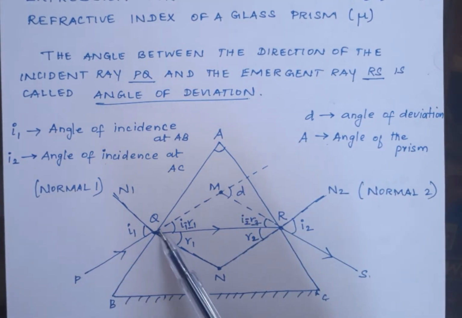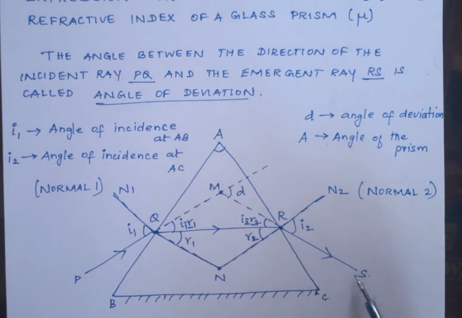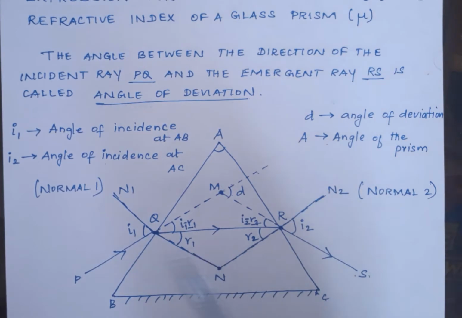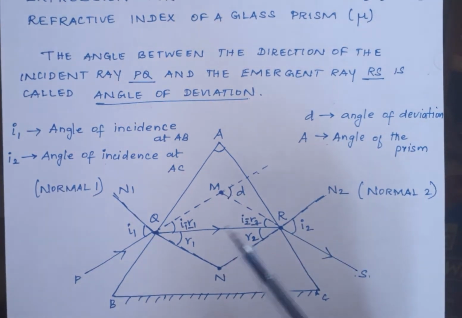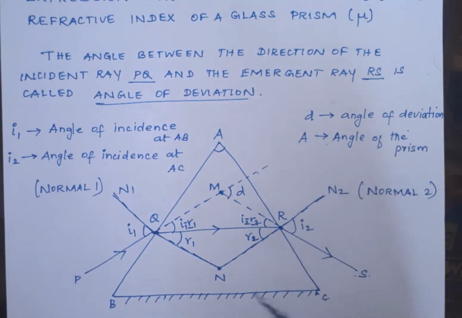Here PQ is the incident ray and RS is the emergent ray. This angle D is the angle of deviation, for which you are going to derive an expression.